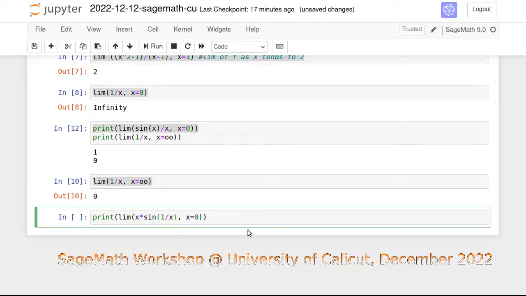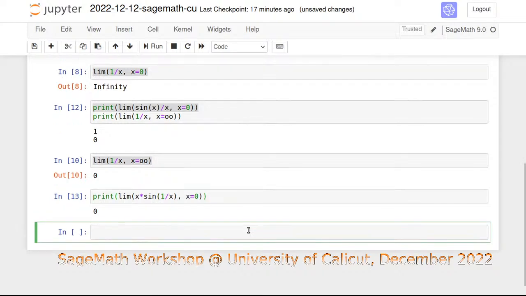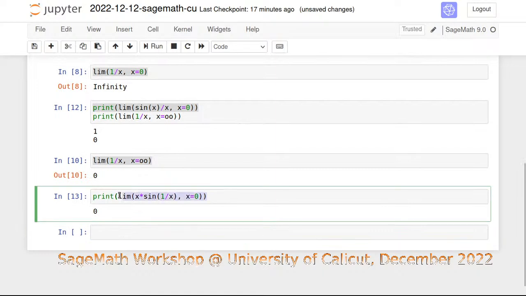We know that when x goes to 0, 1 by x goes to plus infinity from the positive side and minus infinity from the negative side. Because sine 1 by x is bounded, finally the effect will be provided by x, so the limit is 0. Yeah, that's also computed efficiently. That's fine.